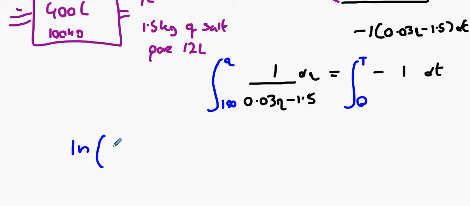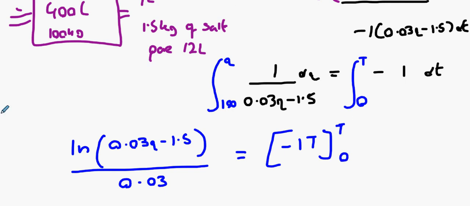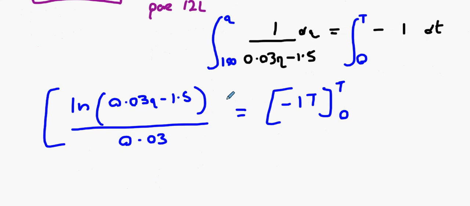It's going to be ln of 0.03q minus 1.5 all over whatever number comes in front of the variable, which is 0.03, and that will equal minus 1 times t from t to 0. Okay, and this is from, so I don't make the same mistake I made earlier, q to 100.